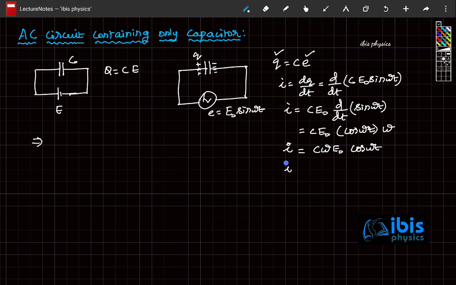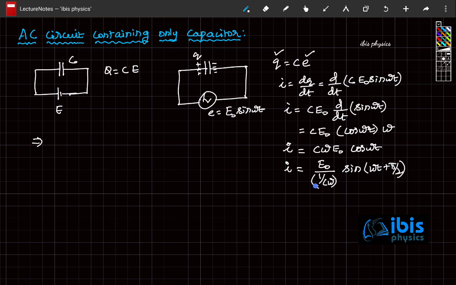I'll write it here. So I is equal to E naught by R. Usually the EMF divided by whatever comes in the denominator is the resistance. So current is equal to voltage by resistance. So this is in the numerator. I'll write this as 1 by C omega, because when you put 1 by C omega, that goes up, so it is C omega E naught. So cos omega t, I'm going to write as sine of omega t plus pi by 2, because it is positive.